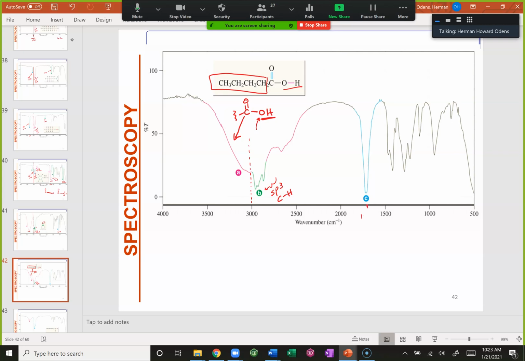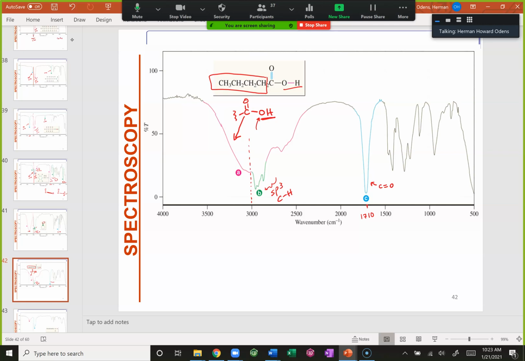That's why I remember it. Is it conjugated? No. So we don't need to subtract 10, 20, or 40. And so this will be your signal for your carbonyl peak. And that's it.